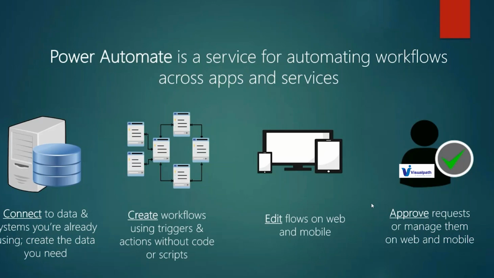create a mail in your mailbox, and Power Automate will take that mail. It will send it to your managers and other approvers, and it will wait for their approvals to come. Once their approval comes in, it will trigger the downstream of the project.